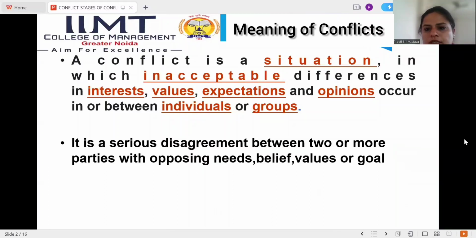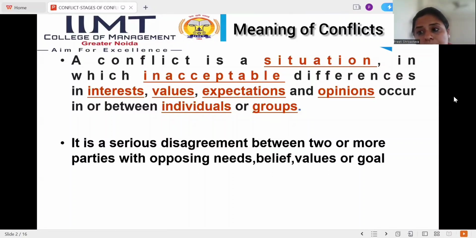What is conflict? A conflict is a situation in which unacceptable difference in interest, values, expectations, and opinion occur in or between individuals or groups. It is an unacceptable difference.